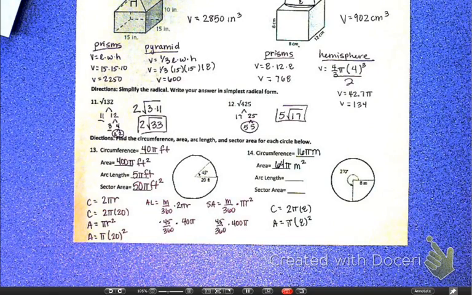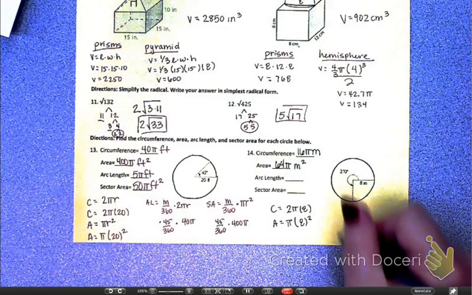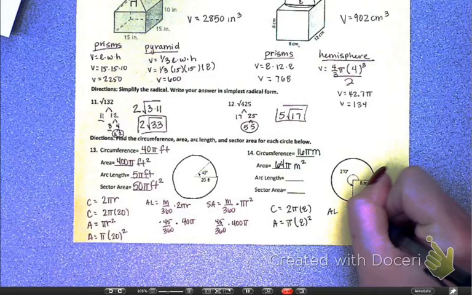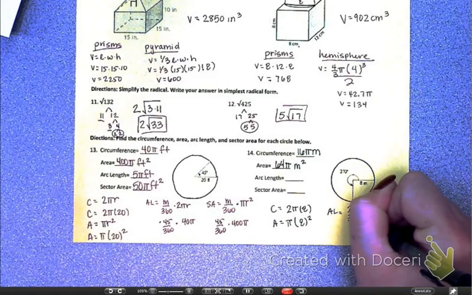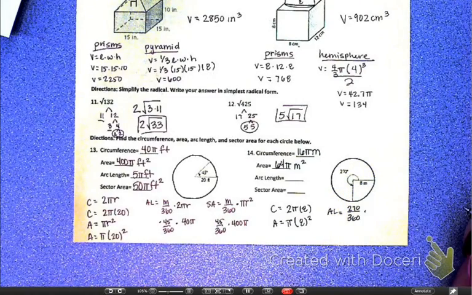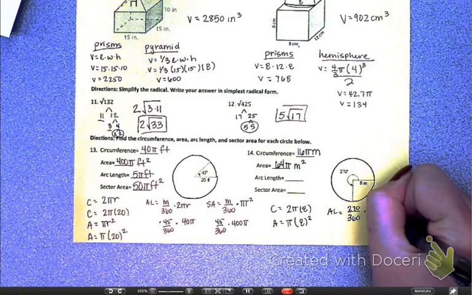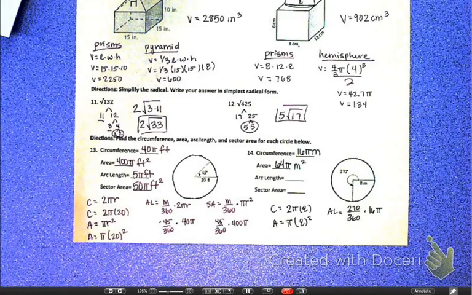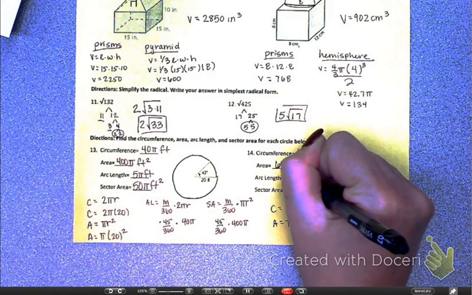Number 14, arc length, is 270 over 360 times my circumference, which is 2 pi r, and I already know that's 16 pi. So 270 over 360 times 16 pi gives you 12 pi meters.